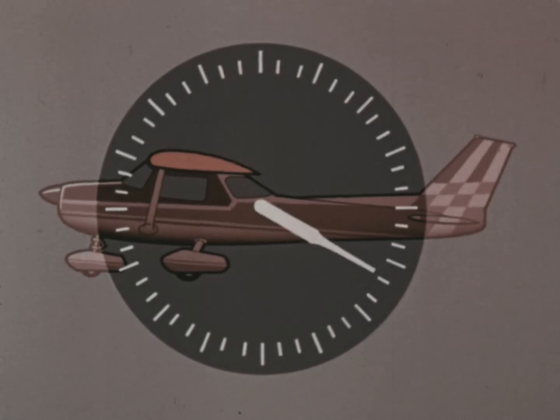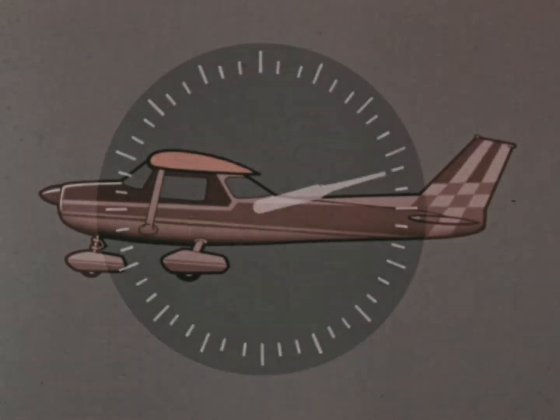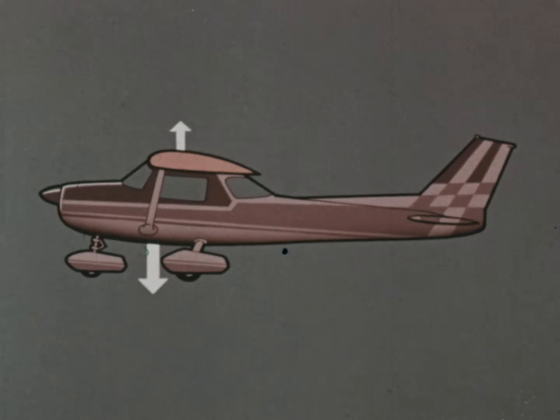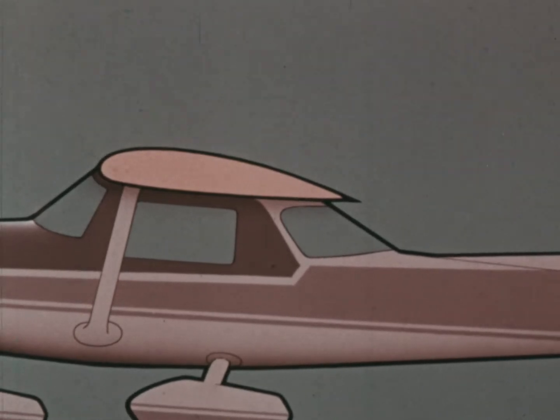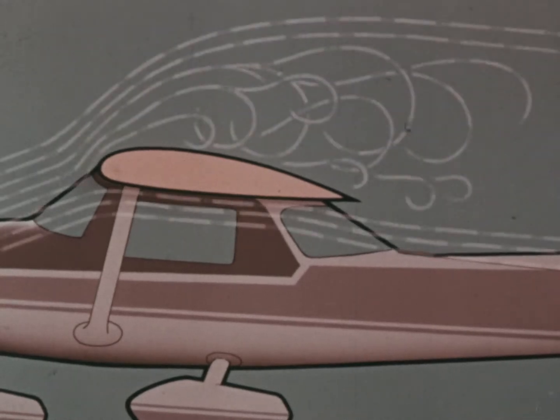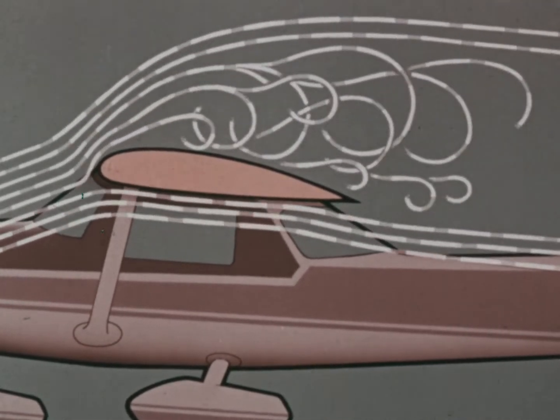But if the speed is allowed to decrease in level flight, lift will also decrease. Then, if we try to keep the airplane level, it will begin to sink. When this happens, the relative airflow gradually changes. If the critical angle of attack is reached, the airplane will stall and will drop momentarily out of control.